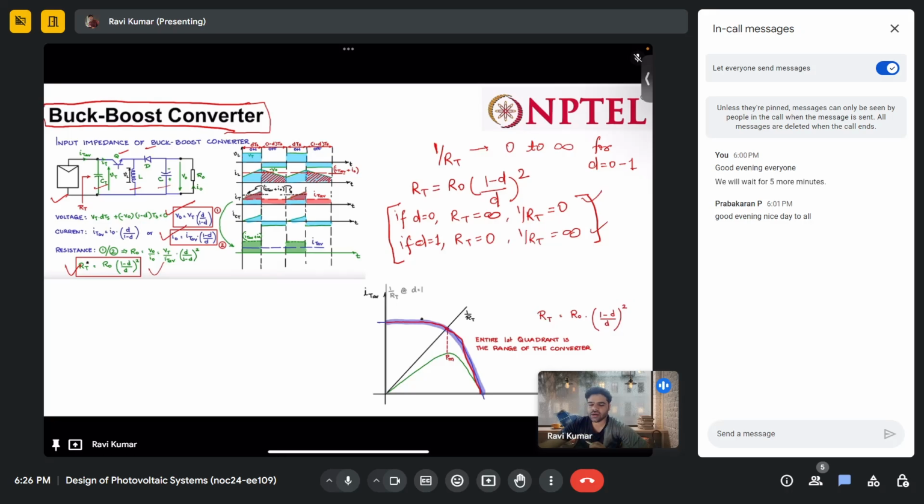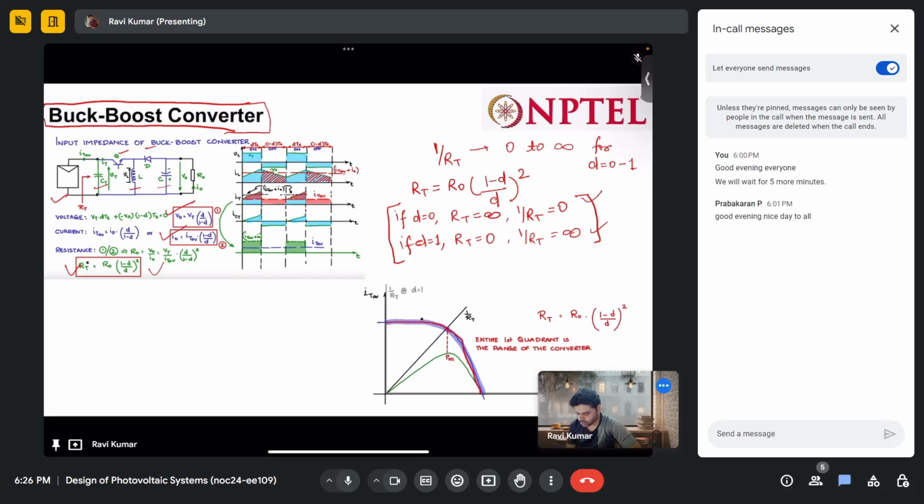Okay, now we understood which converter should be used, but how do we add it to our entire solar PV system? What does the interface look like?